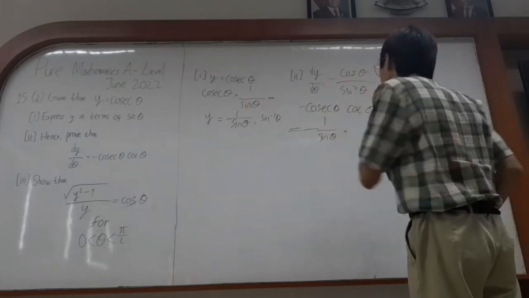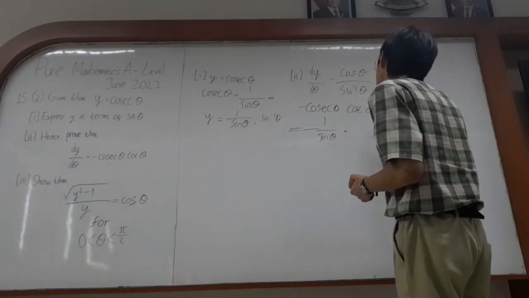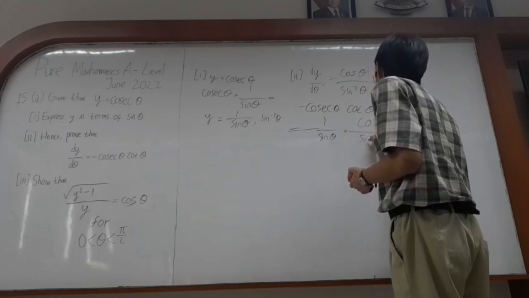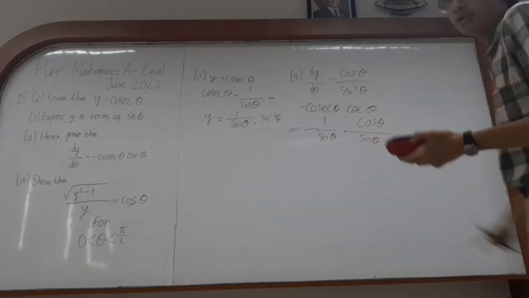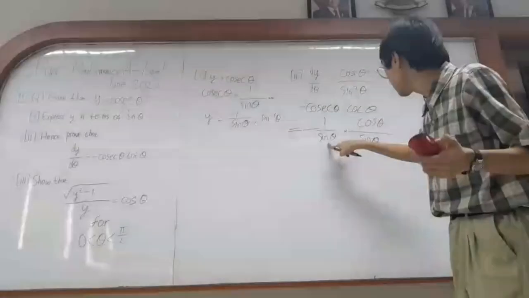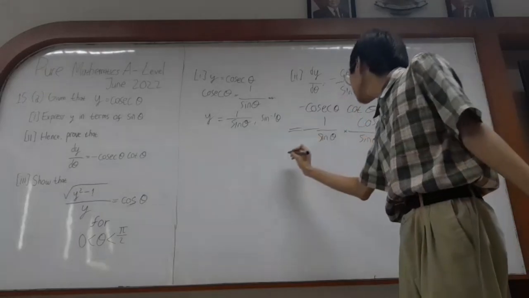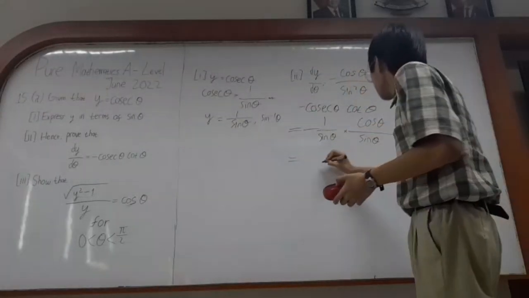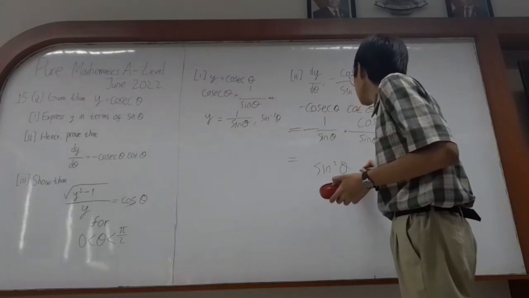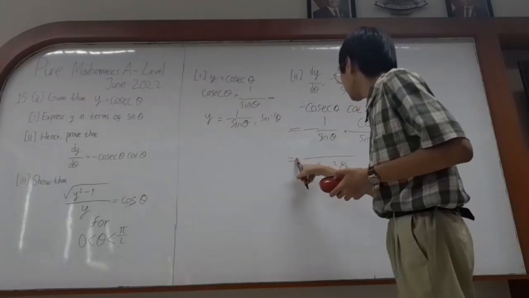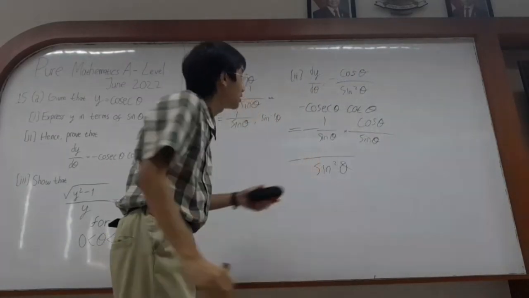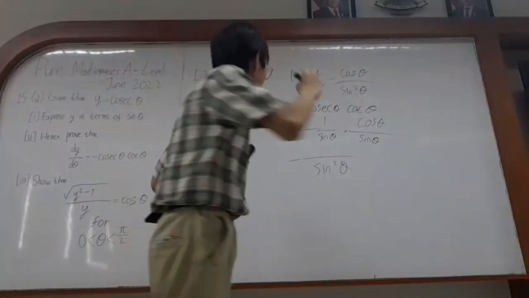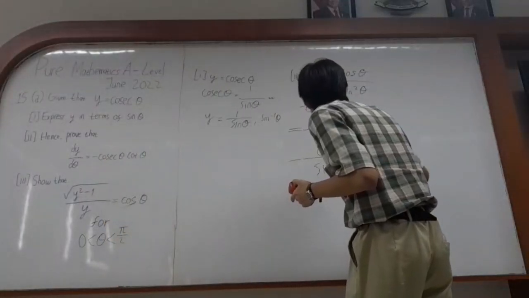And also multiplied by cot theta, which equals cos theta over sin theta. So you calculate this. What does it result in? Sin multiplied by sin is sin squared theta. And the negative is here, that's negative 1 multiplied by cos theta. Exactly, it's negative cos theta.